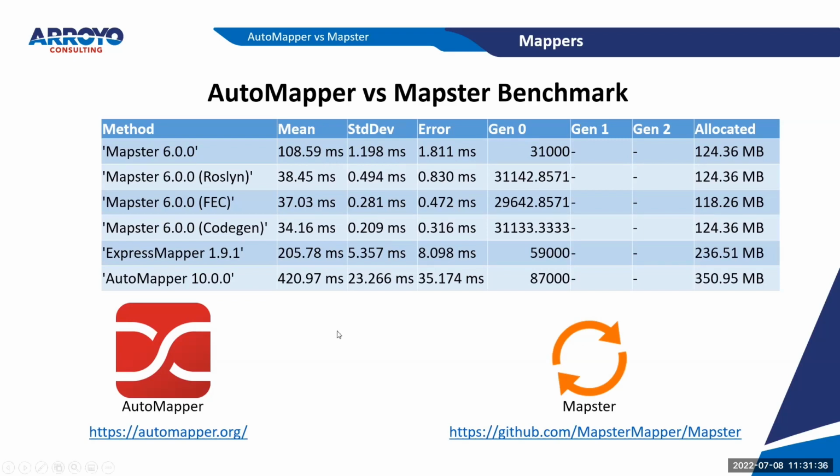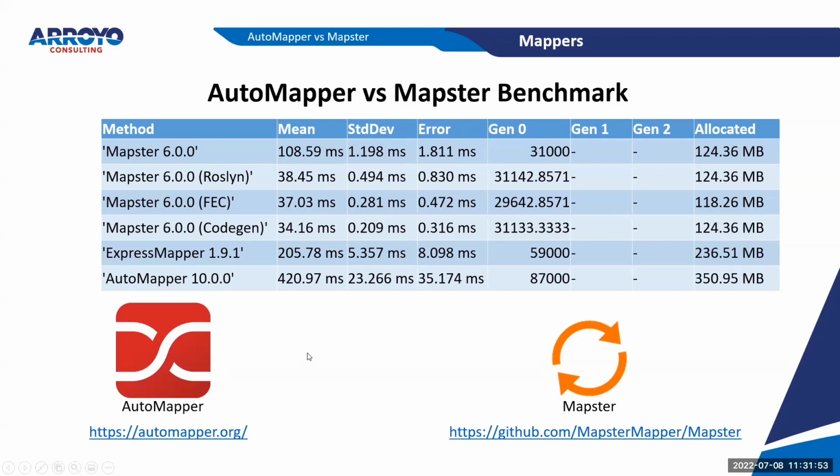If you use AutoMapper, it could be milliseconds, but in memory you are allocating a lot. So a good idea could be to use Mapster instead of AutoMapper.